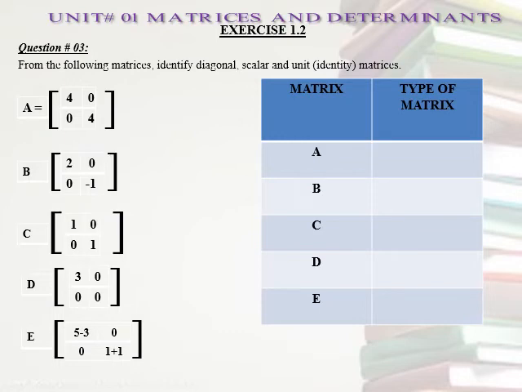Yes, as the entries of its diagonal are non-zero and the rest of the entries are zero. Now, is it a scalar matrix? Yes, as the diagonal entries are the same and the rest of the entries are zero. Check, is it a unit matrix? No, it's not. So, solve the rest of the parts by yourself.